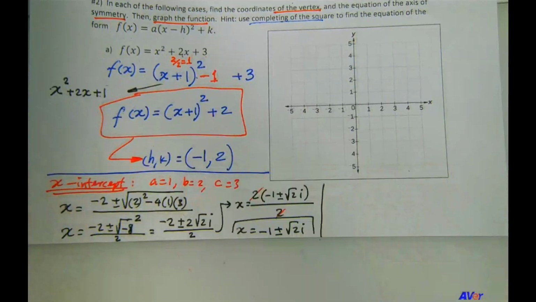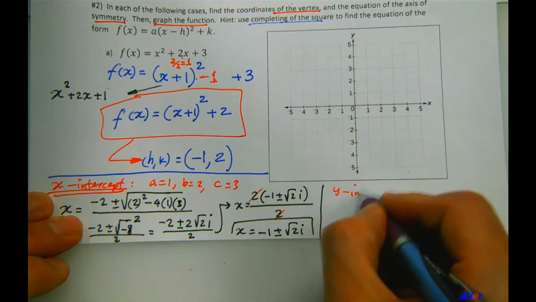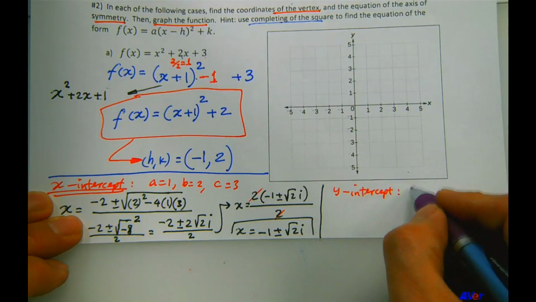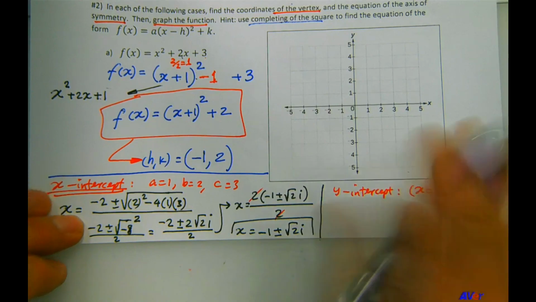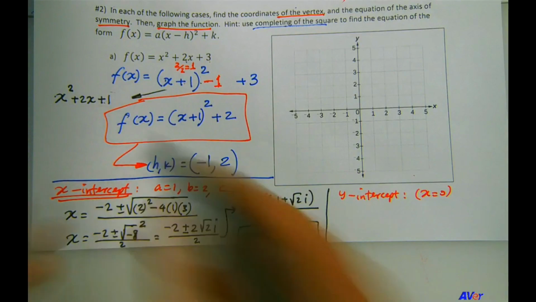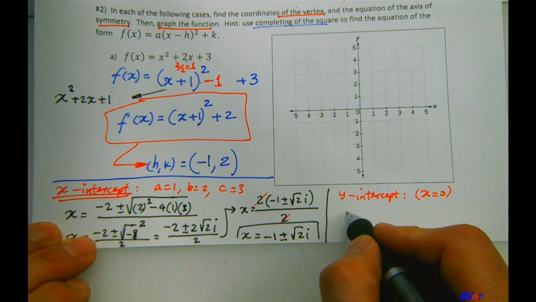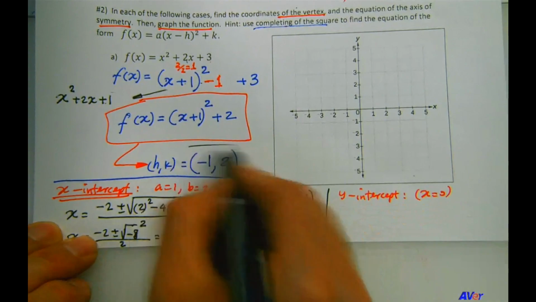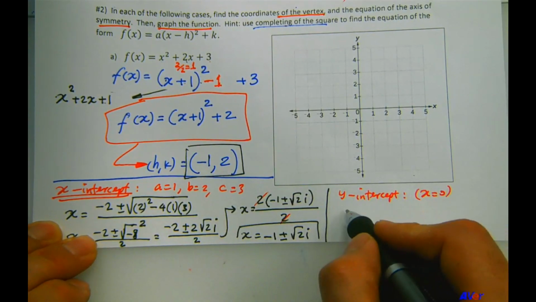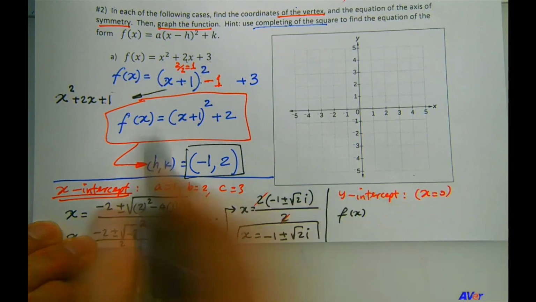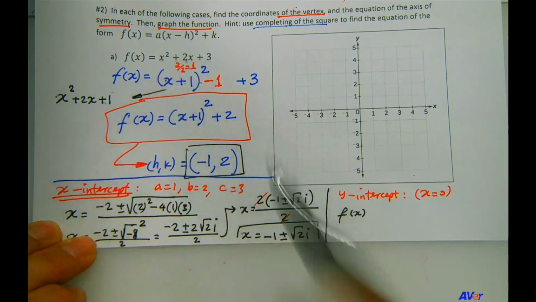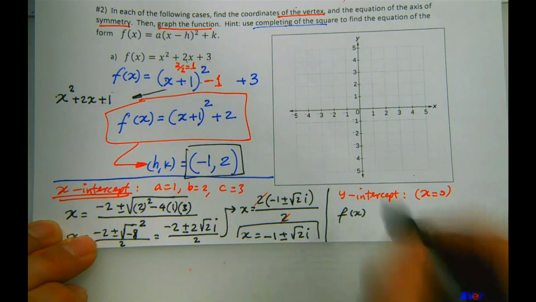So then the y-intercept would be when x equals 0, right? So in that equation, substitute 0 for x, and let me box this because that's our vertex. We can use either equation, either this one or the original one, to find the y-intercept.